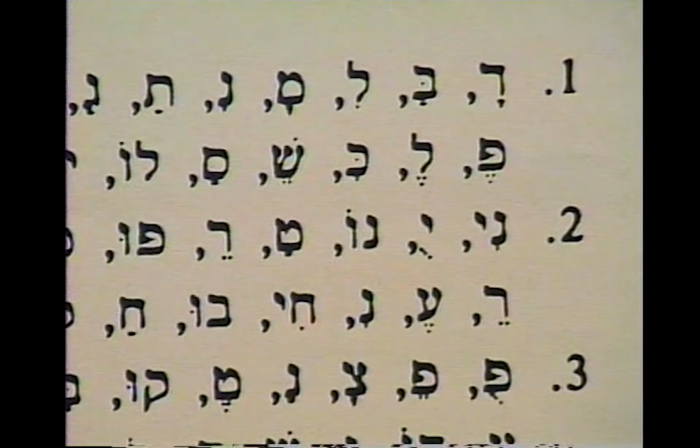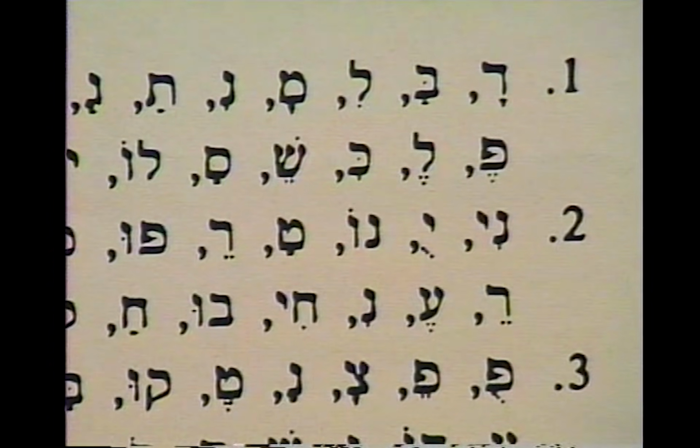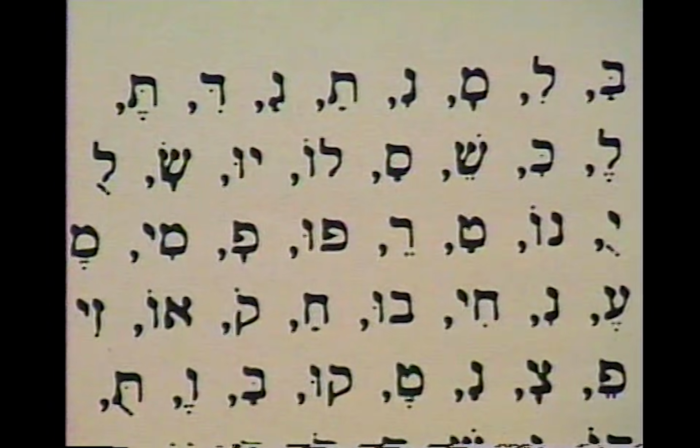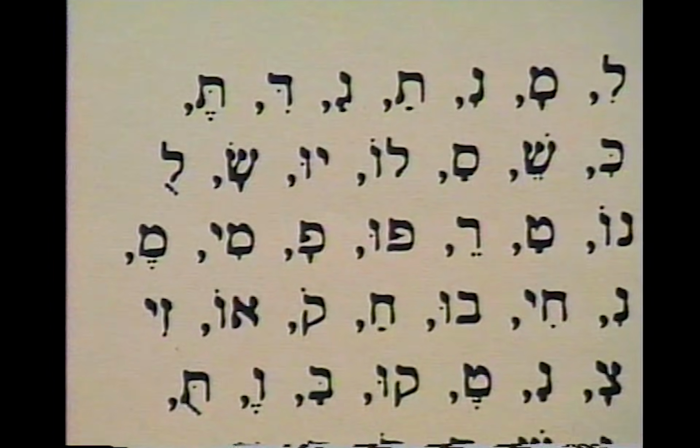Number 2. Ni, vu, no, ta, re, fu. That'd be pu, excuse me. Then this would be fa. Me, may.